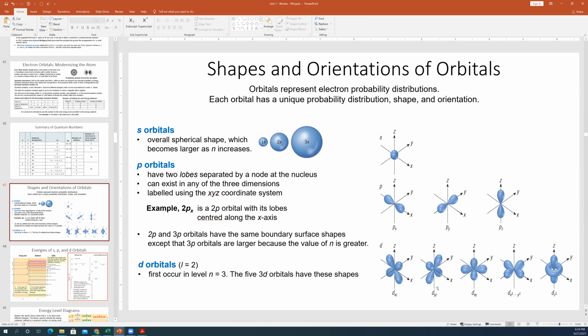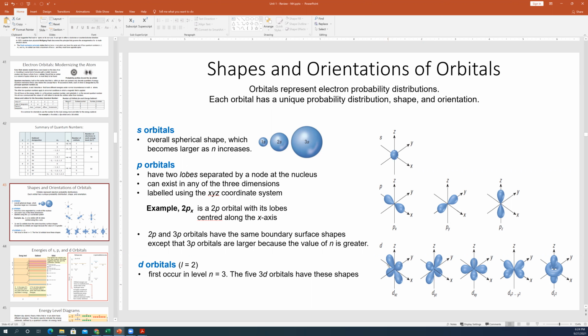And then the d orbitals have this kind of shape, and there's 5 of them, and they get a little bit more complex by the time you get to the 5th d orbital. And then the f orbitals are even a little bit more complex. But the main message here is that in the quantum mechanical model, the electrons aren't in a fixed radius like planets around the sun.